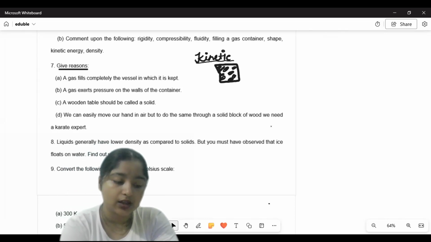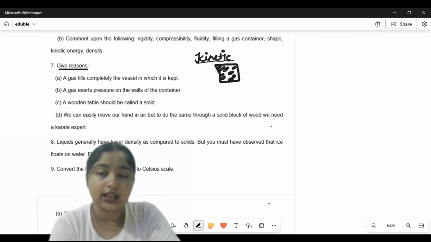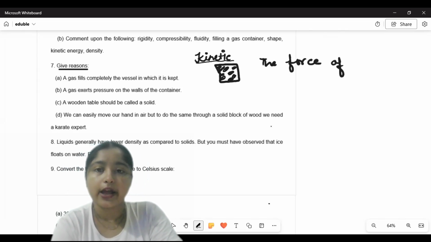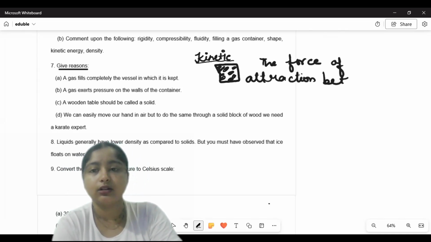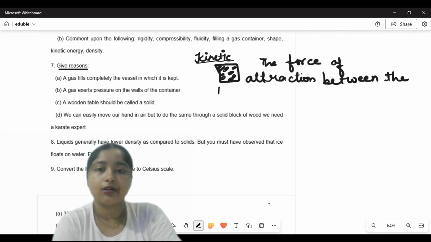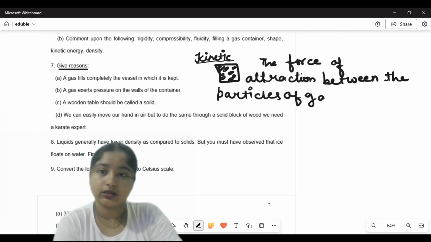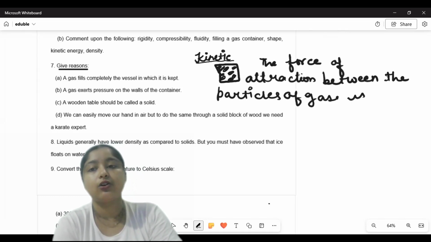So you can write the model answer like this: the force of attraction between the particles of gas is almost negligible.